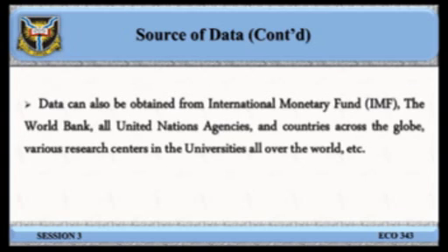Data can also be obtained from the International Monetary Fund, IMF, the World Bank, all United Nations agencies, and countries across the globe, various research centers in the universities all over the world, etc.